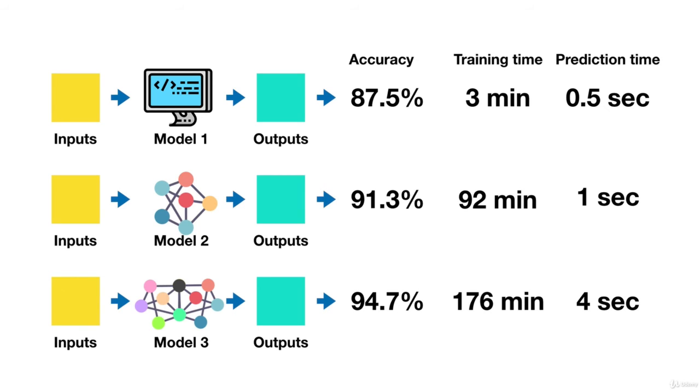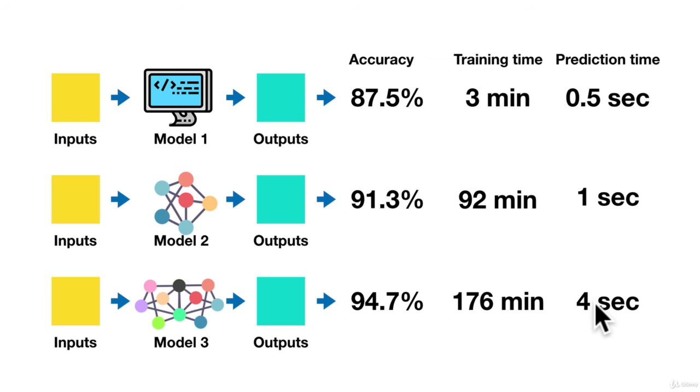If Model 2 takes 1 second to make a prediction at 93.1% accuracy, Model 3 takes 4 seconds to make a prediction at 94.7% accuracy, is that extra 3% accuracy worth that extra 3 seconds of prediction time? Now, this will depend on what the goal is.